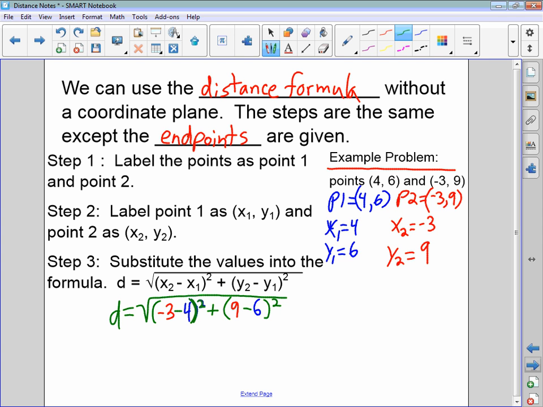Now I'm going to work through this problem. I'm going to switch over to the next page.